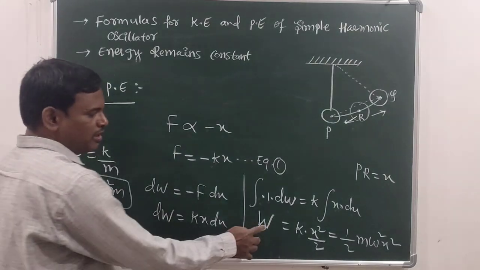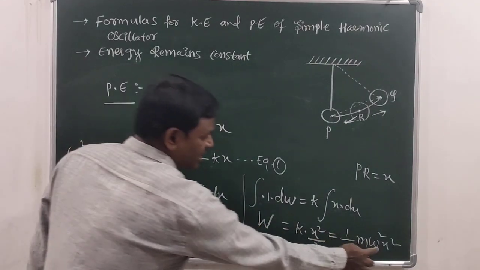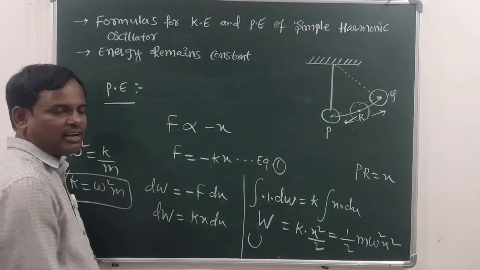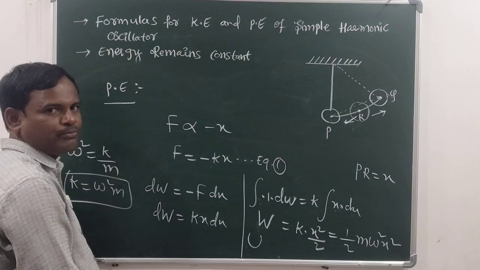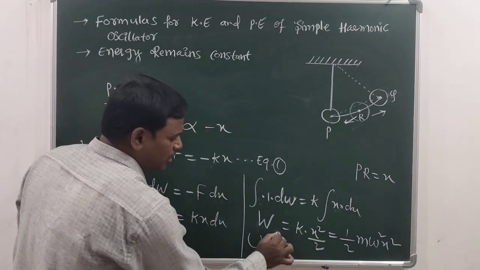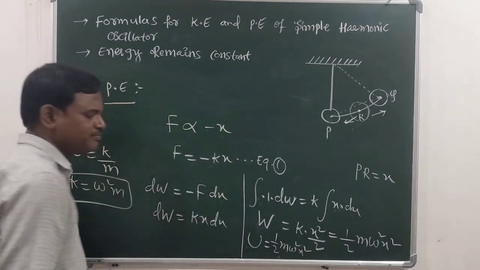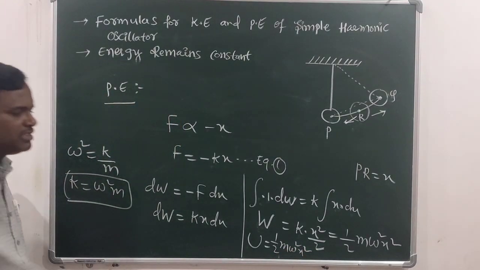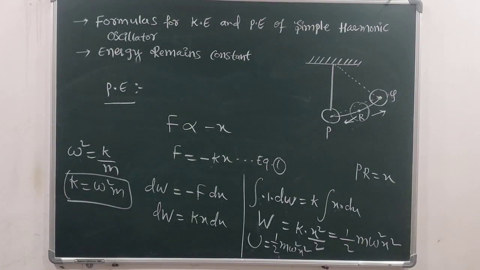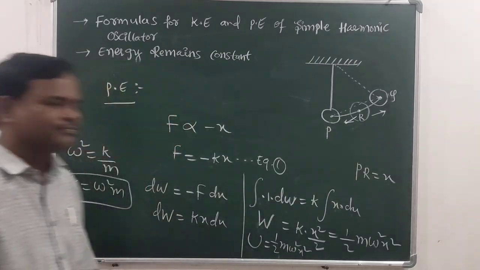Okay, to write the difference between omega and W, it is better to use capital U for this work done, potential energy, which is equal to half m omega square x square. This is the potential energy formula of that simple harmonic oscillator at this position.